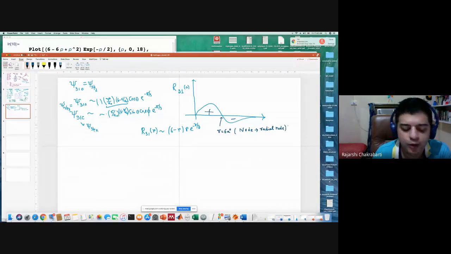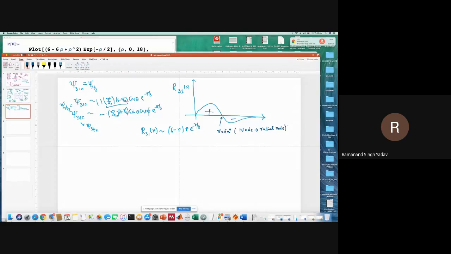But how many radial nodes were there when we dealt with 1s? For 1s, there is no node. 0. There is no radial node. For 2s? It will be 1. For 2s, it will be 1.